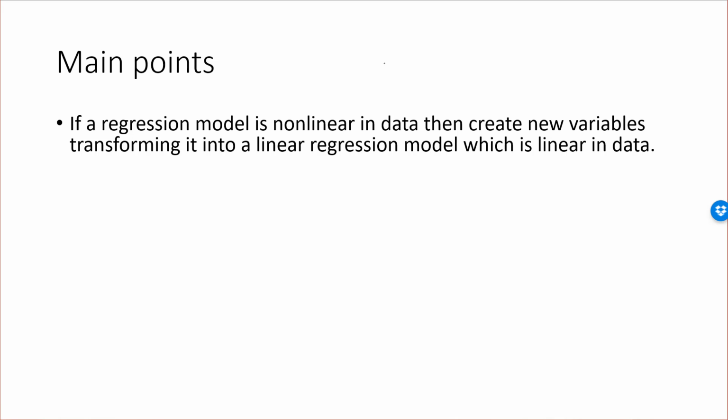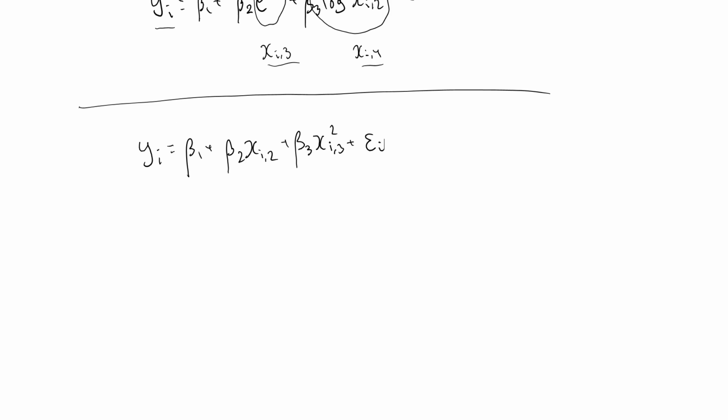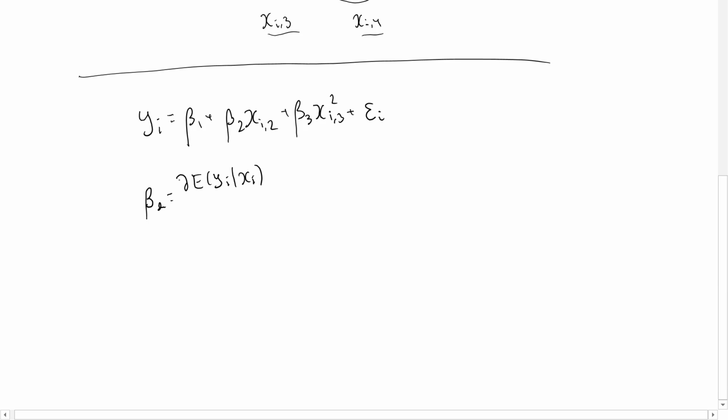interpretation part. So let's consider this model again, beta 1 plus beta 2 xi2 plus beta 3 xi2 squared plus epsilon i. In a linear regression model, which is also linear in data, we have learned that beta 2 is the derivative of the conditional expectation of yi given xi with respect to x2.